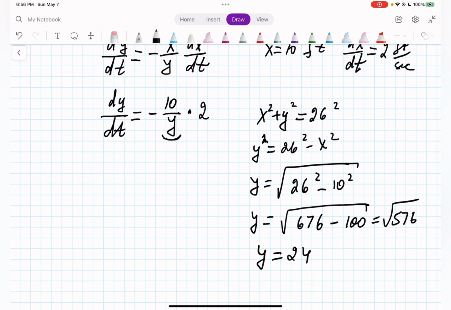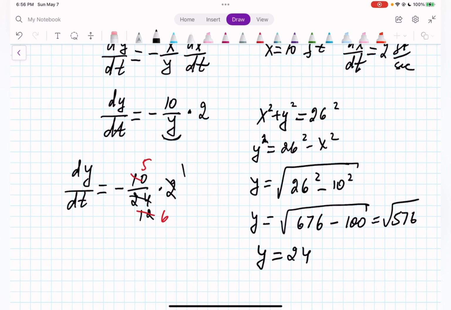From here, dy by dt is equal to negative 10 over 24 times 2. And we are getting how much? This is 1, this is 12. What else can we cancel here? 10 and 12 by 2. This is 5, this is 6.